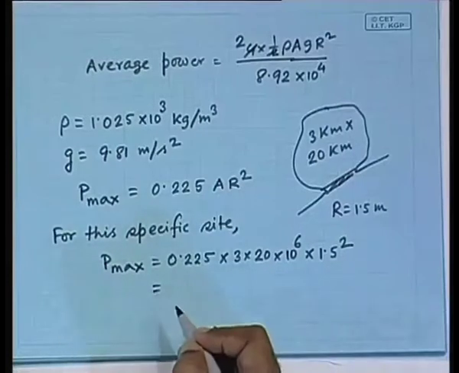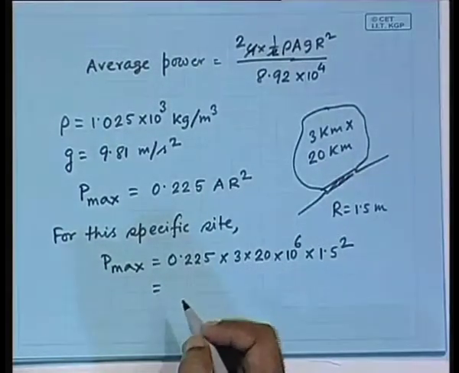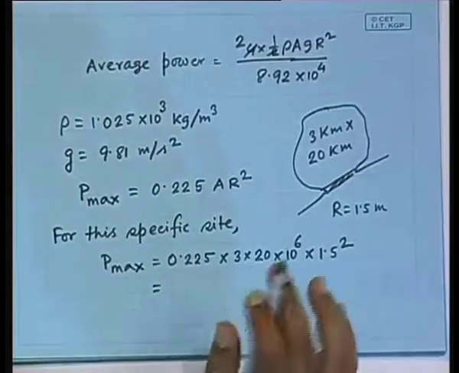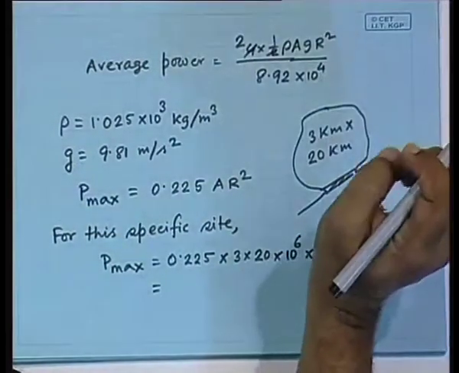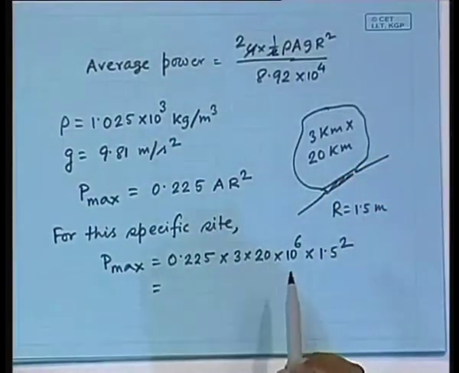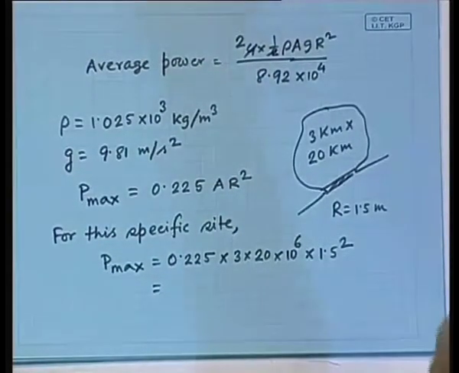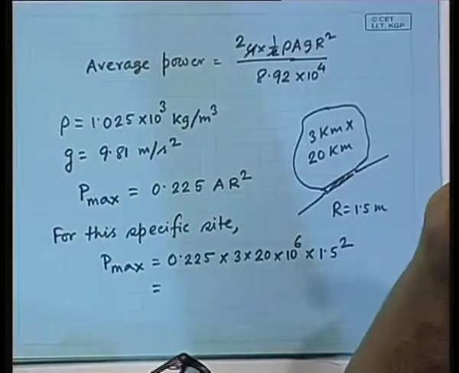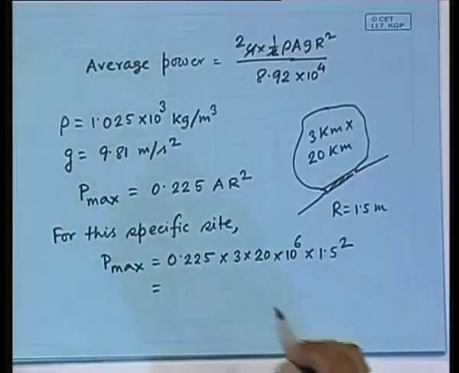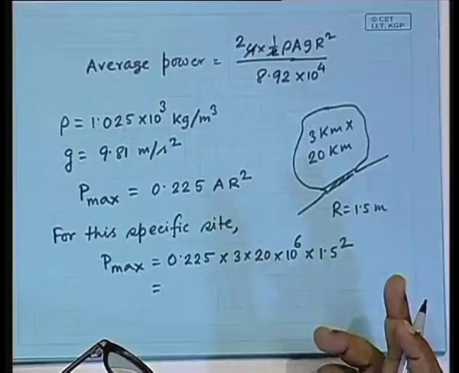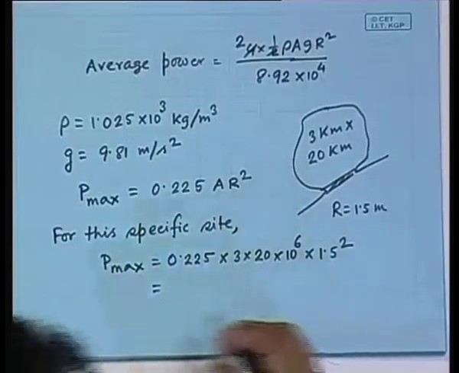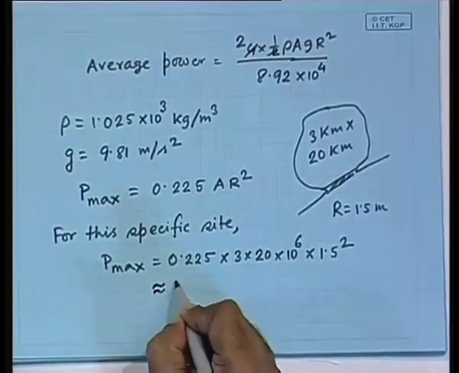This comes to be how much? Around 30 megawatts. Around 20 megawatts. How much does it come to be? Okay. Yeah, I guess it will be close to 30. So, approximately 30 megawatts.